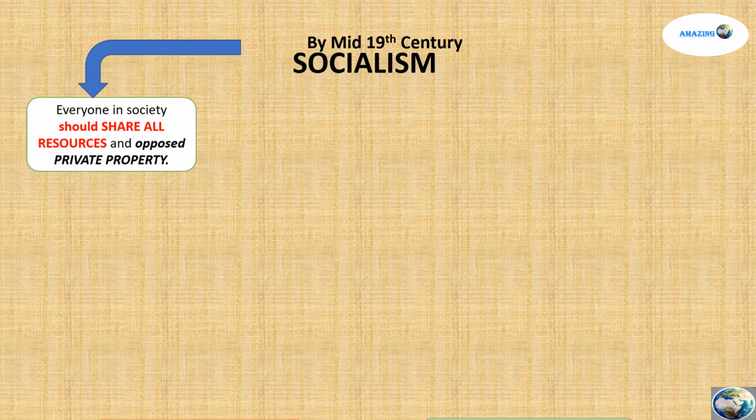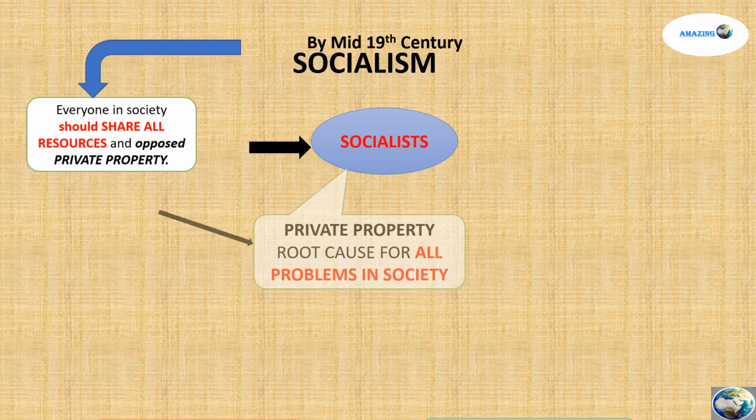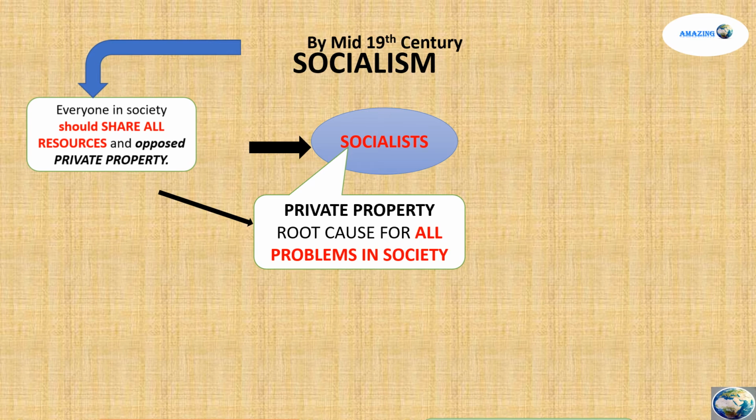As a result, by the mid 19th century, we see that society was structured under the idea of socialism. What was socialism? It was that everyone in society should share all resources, but they opposed private property and they were called the socialists. Those who spread the idea of socialism were called socialists. Now, why did they oppose private property? It was because they felt it was the root cause for all problems in society. Why did they say that private property was the root problem in society?